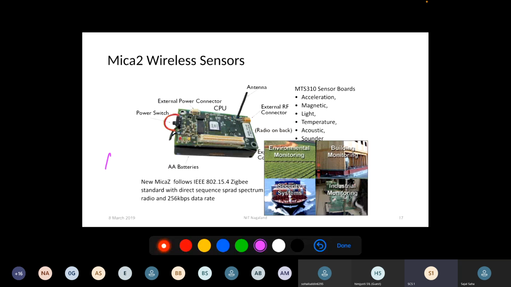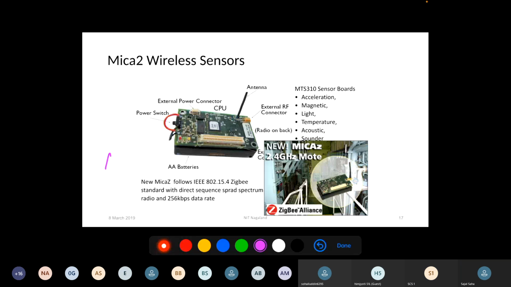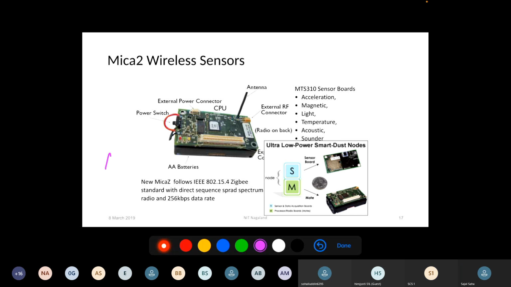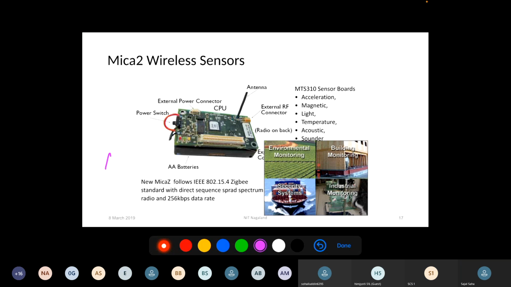So what are the basic components of the sensors? Can anybody tell me? Kaushik, can you tell me what are the basic components of a sensor? Yes or no? Hello, sir.